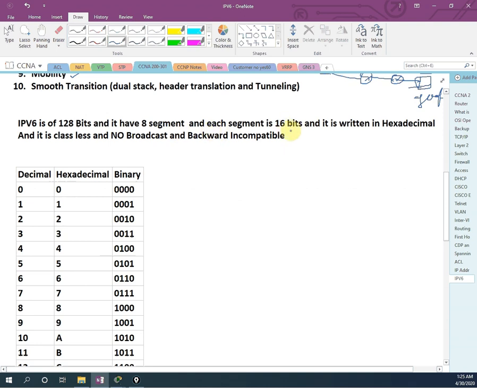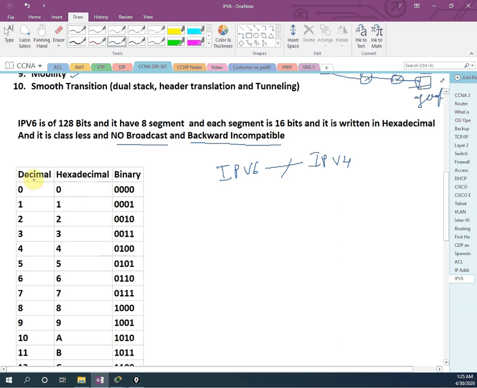Each segment is 16 bit and written in hexadecimal, and it is classless, meaning we don't have class A, class B, class C here in IPv6, and no broadcast. Backward incompatible means IPv6 cannot directly communicate with IPv4, so we need to use some techniques to make communication between them.